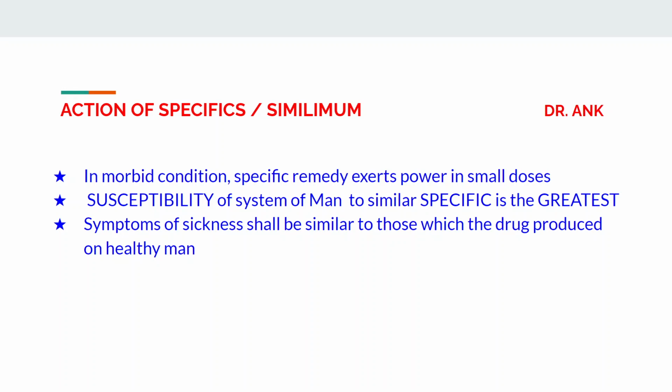So there is a maximum susceptibility between the symptoms of the patient and the similar remedy. So forces of attraction are present between these two. The symptoms of sickness shall be similar to those which the drug produced on healthy human beings. So we are doing the matching.